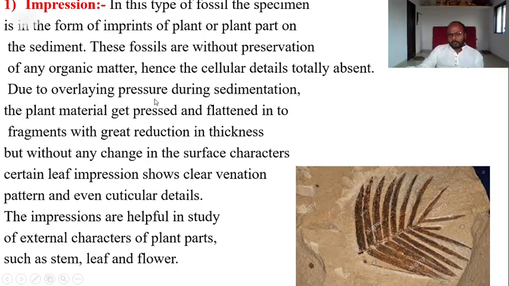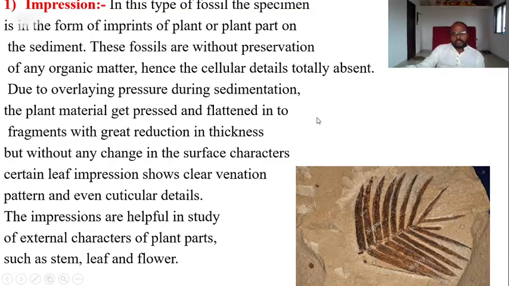In this type of fossil specimen, the imprint of the plant or plant part is present on the sediment. These fossils are without preservation of any organic matter. That means during fossilization only imprints are on the rock and the plant is destroyed.